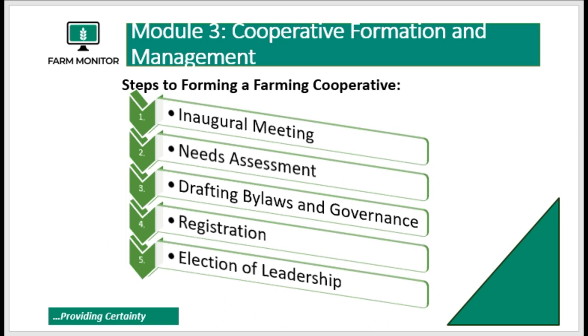It involves submitting the bylaws and other required documents to the relevant authorities. Election of leadership. Members must elect a board of directors or a leadership team responsible for managing the cooperative's operations. Leadership is critical for decision making and representing the interest of all members. So these are the steps to forming a farming cooperative.